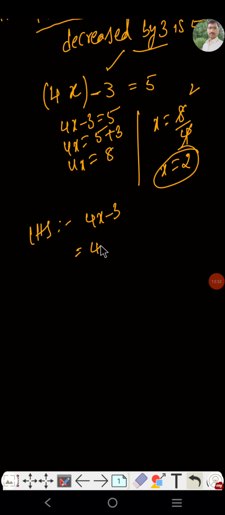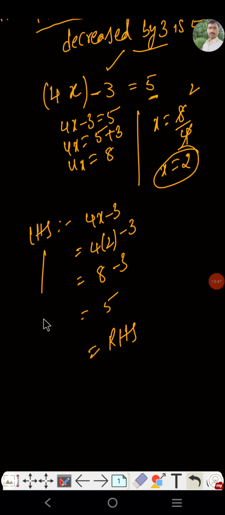That means 4 into 2 minus 3. 4 twos are 8 minus 3, 8 minus 3, 5. 5 is nothing but RHS only, na? So LHS is equal to RHS. Yes. So if LHS is equal to RHS, this x value definitely satisfies the given equation. That means it is a solution of the given equation.